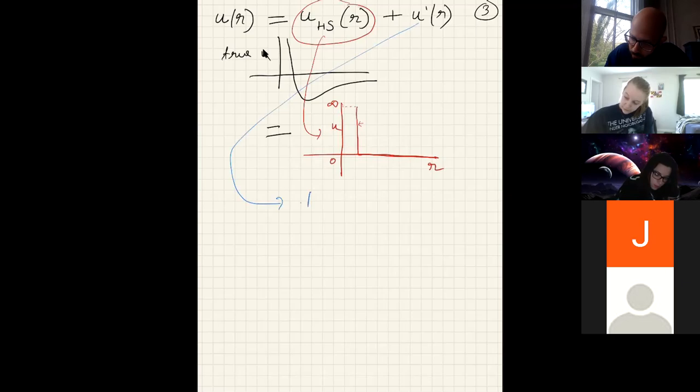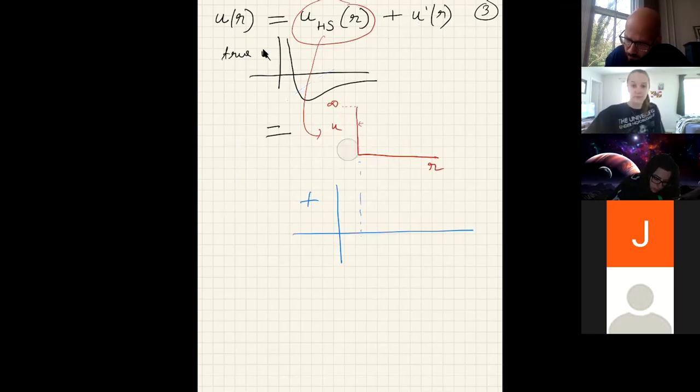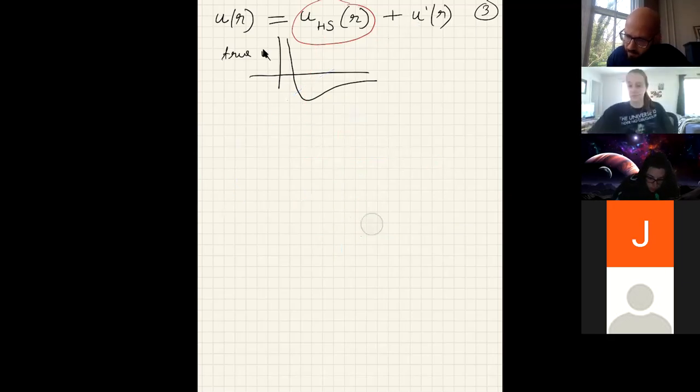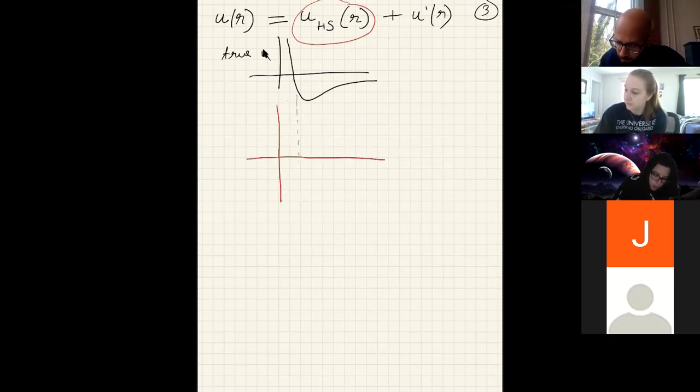The perturbation is probably going to look something like, let's draw a line. Actually it's better if I draw everything on top of each other, then it will be better for your understanding. So our hard sphere is something that goes up to infinity up here, and then it drops to 0.